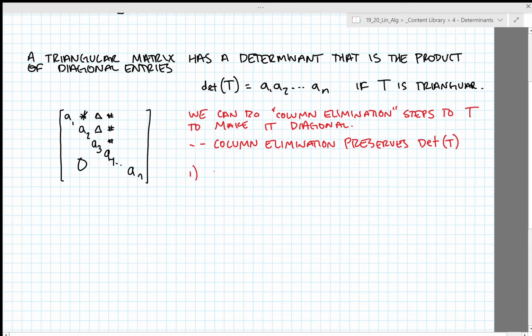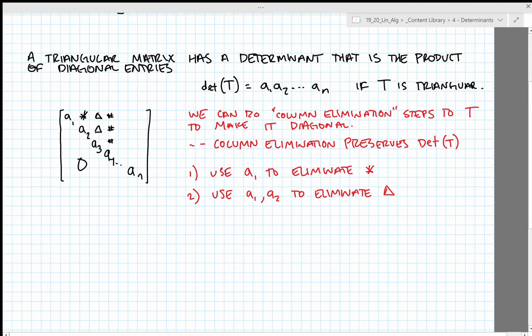What that looks like is, first, I would use A1 to eliminate star. If star was 2 times A1, I could take the second column and add 2 times A1 to it, and that would get rid of star. That would make it a 0. Then the second step, I would use A1 and A2 to eliminate the triangles.